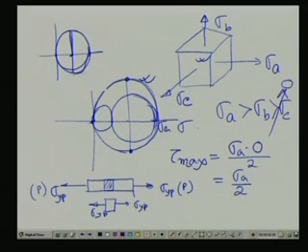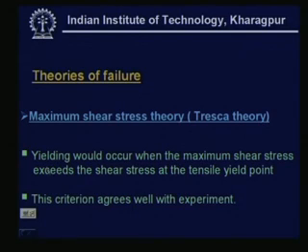Am I correct? So, this comes out to be tau max. According to the criterion, yielding would occur when the maximum shear stress exceeds the shear stress at the tensile yield point.